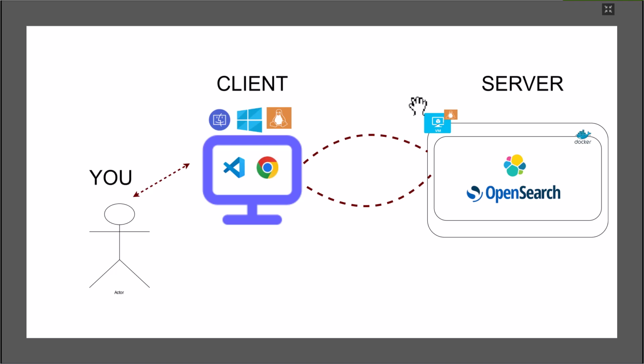We'll be using a Docker Compose file to spin up all of the infrastructure, and that would sit inside a virtual machine, either on a cloud or on your local Wi-Fi. For our graphical user interface, we'll be using any machine that supports Mac, Windows, or Linux, and we'll be using Visual Studio Code to connect to the server, and that Visual Studio Code will be our lens through which we will see all of the executions.